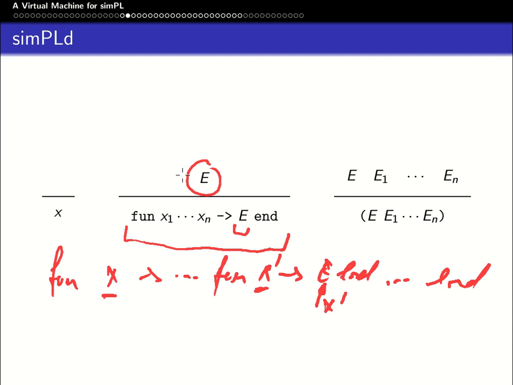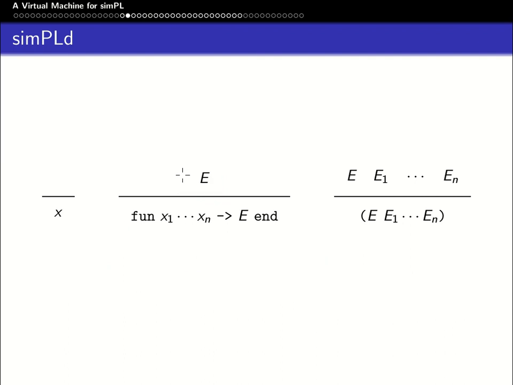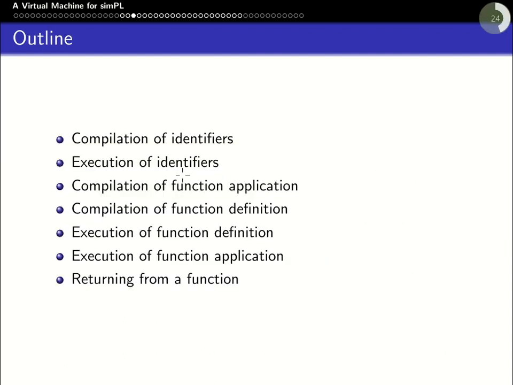The environment will also keep track of the values of the variables as they are defined, because as these variables are bound, that's also a mechanism of providing values for them. All right, hopefully this clarifies. So we have quite a few things to cover here, right?